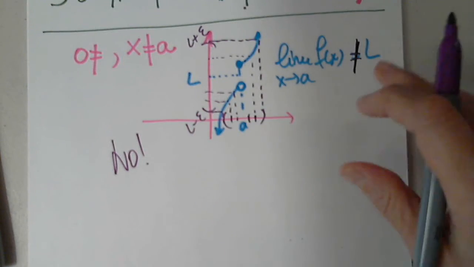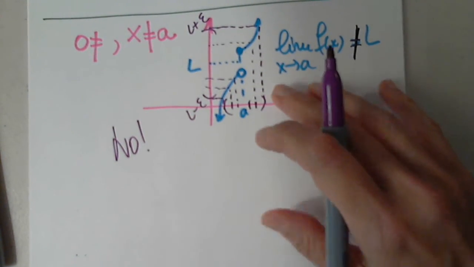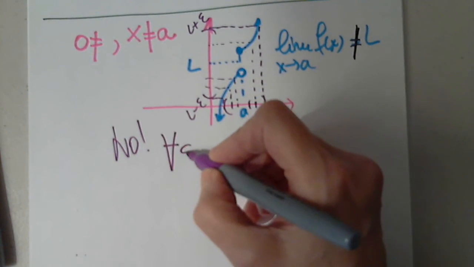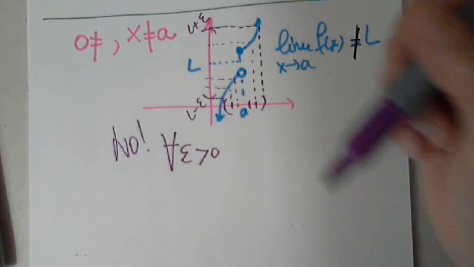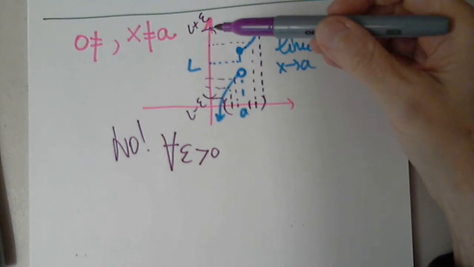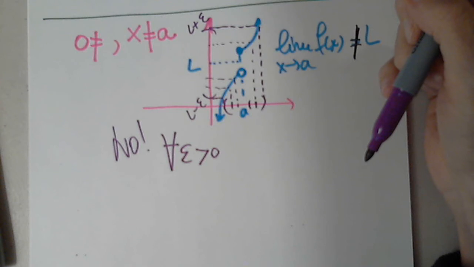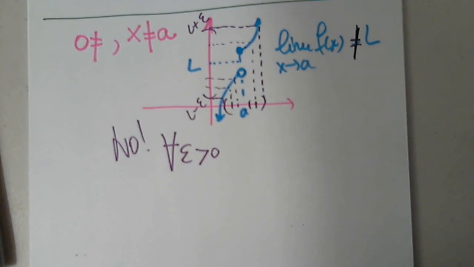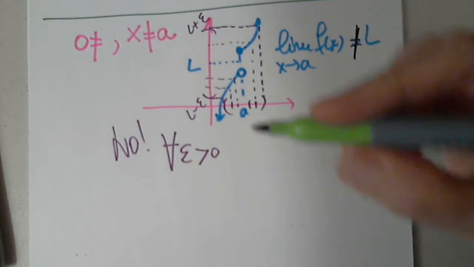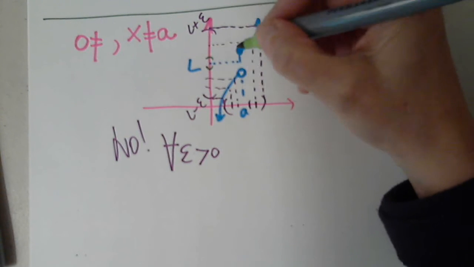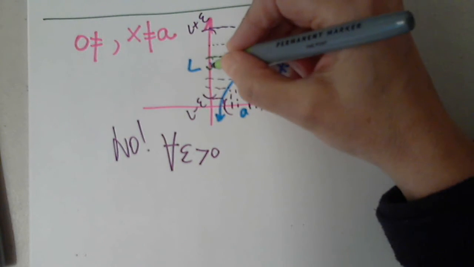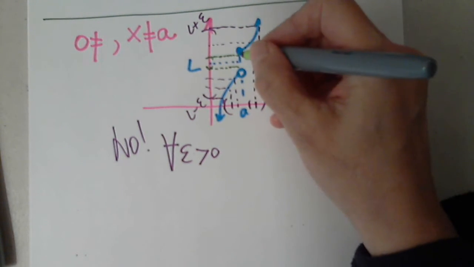No, it does not. Because the definition says for every. I only showed you a particular example when I used a huge epsilon. But it doesn't work for all. If I choose this epsilon, I will never be able to find the interval. The interval doesn't exist.